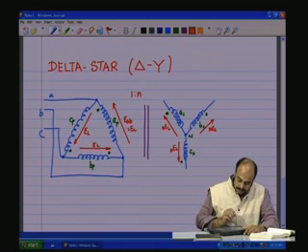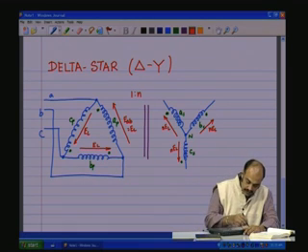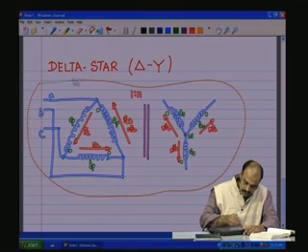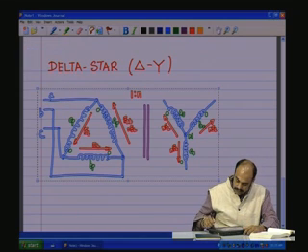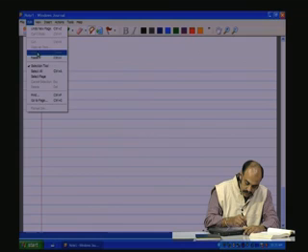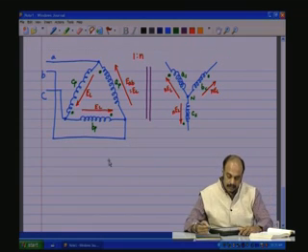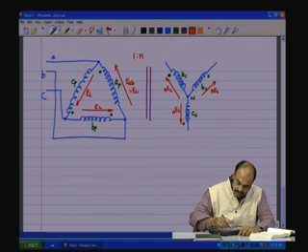And therefore, if you look at the phasor diagram for this, let us take this selection tool. Let us copy and paste. Let us consider the phasor diagram of this. This is the secondary side. This is the secondary side.